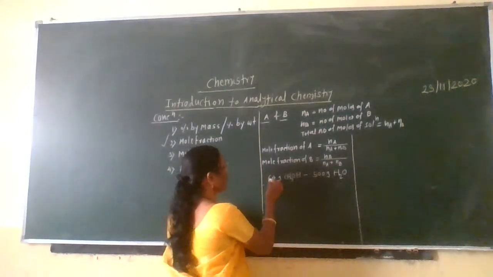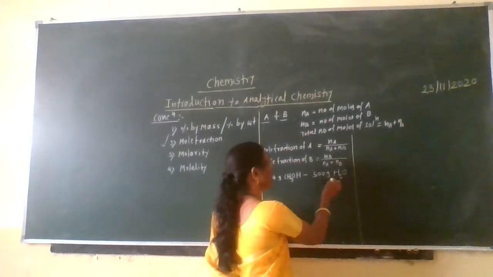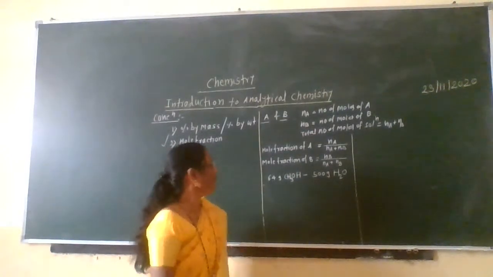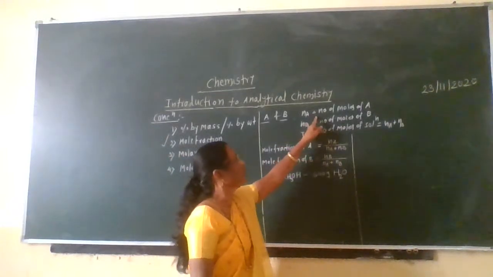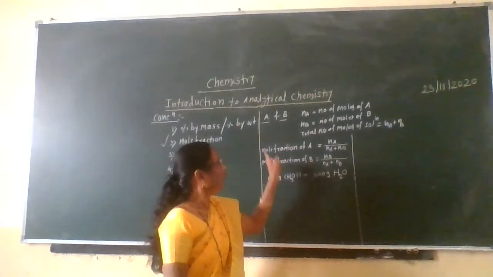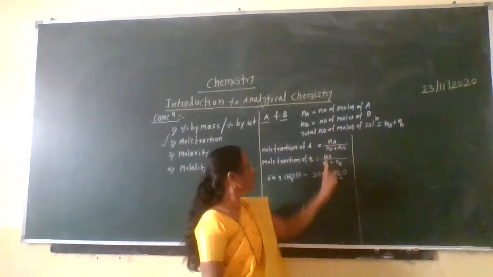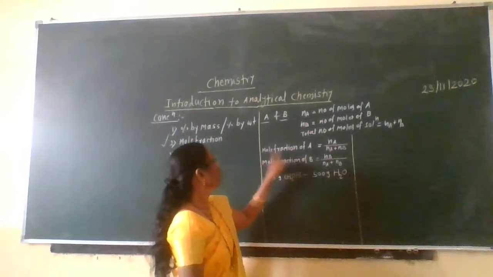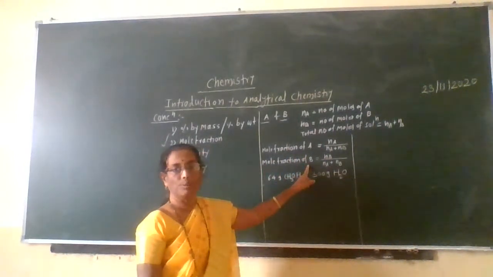First of all, we have to calculate the number of moles of methyl alcohol, then the number of moles of the water, and then we can calculate the mole fraction of the methyl alcohol and the mole fraction of the water.